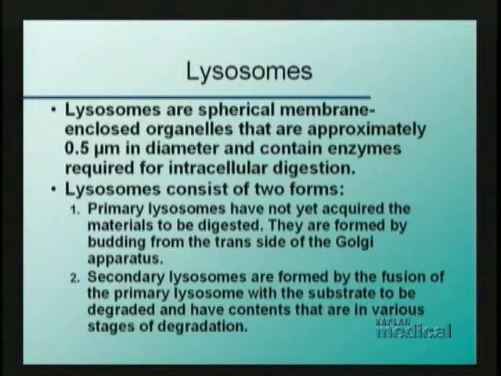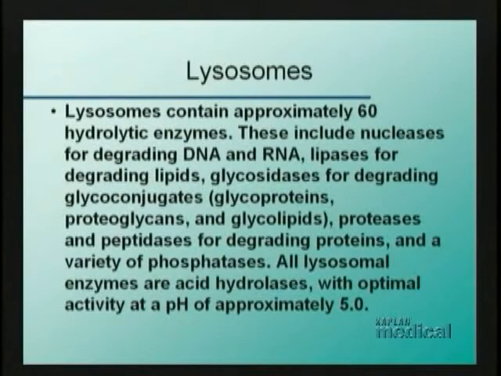Secondary lysosomes are involved in some stage of the process of degradation and typically have contents inside their unit membranes that indicate some stage of the degradation process. Lysosomes, as we know, contain mainly hydrolytic enzymes: nucleases, lipases, glycosidases, and so on.